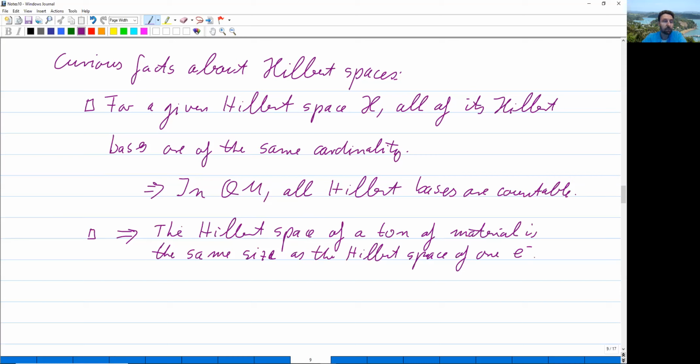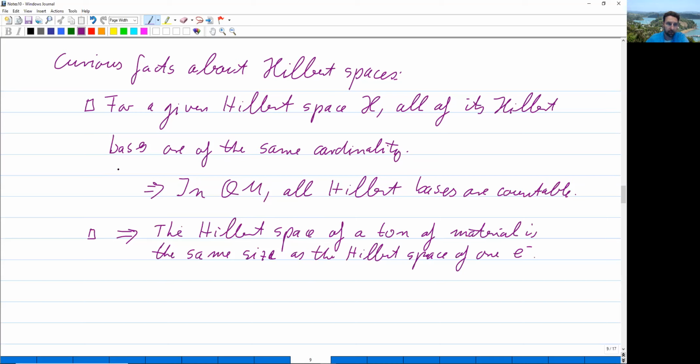And everybody can do that, infinitely many of them. And then the first 20 rooms are free, and you put the people from the bus in there, right? And in this way, it's also true that one electron has as many Hilbert space dimensions as does a ton of gold. Same thing, same size Hilbert space.